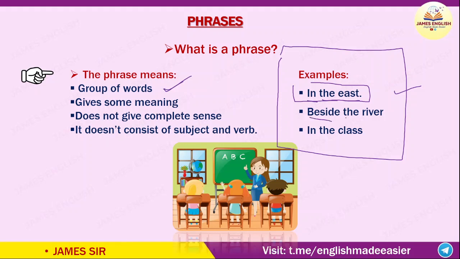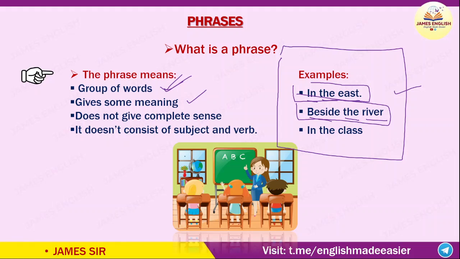Look at another example. Beside is a word, the is a word, river is a word. And put together, what can you call it? It is a group of words. And when I say in the East, beside the river, or in the class, is there any meaning? Yes, absolutely there is some meaning. Hence we can say a phrase gives some meaning.